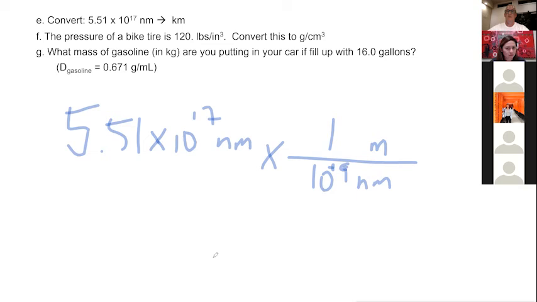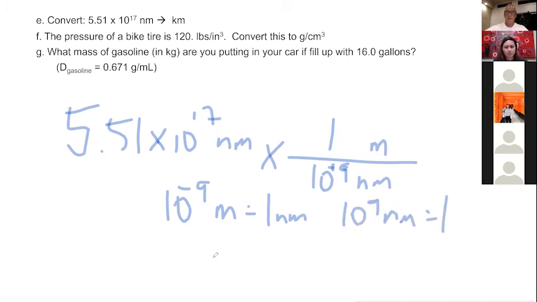Plus 9. Because remember, nanometers are really, really small. And so there's 10 to the 9th of them in 1 meter. That's the part that's really easy to get backwards. Nanometers are really, really small. So there's actually 10 to the -9 meters in 1 nanometer. So if you do it the other way, that means there's 10 to the 9th nanometers in 1 meter.